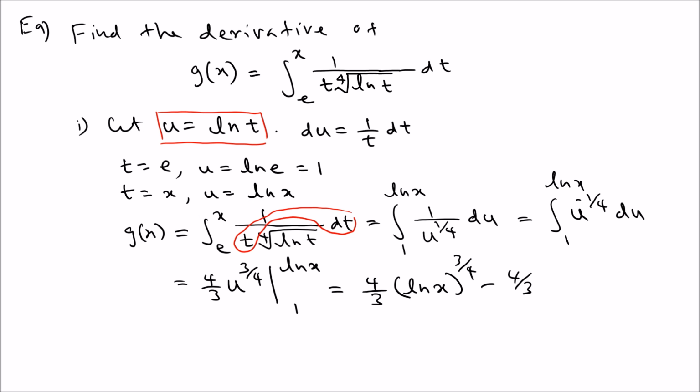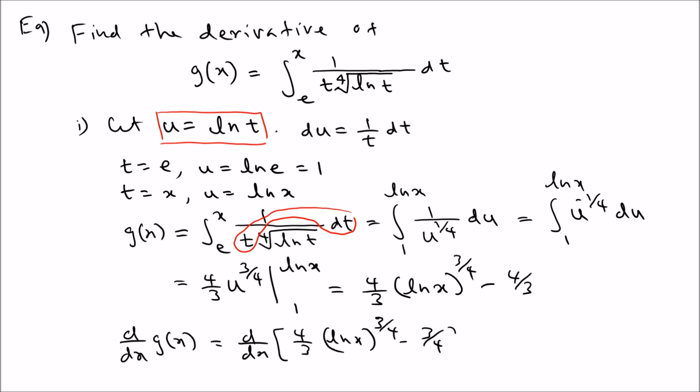Now you need to find the derivative of that. So d over dx of g(x) is d over dx of 4/3 (ln x) to the 3/4 minus 4/3. If you take the derivative, that's a constant, so it goes away. You have to use the chain rule.